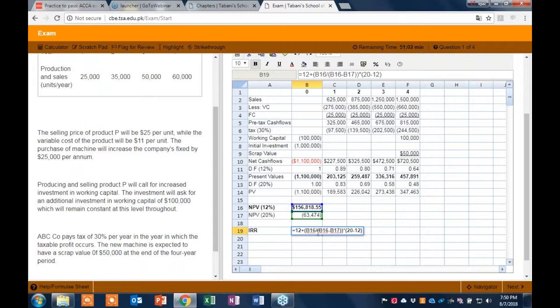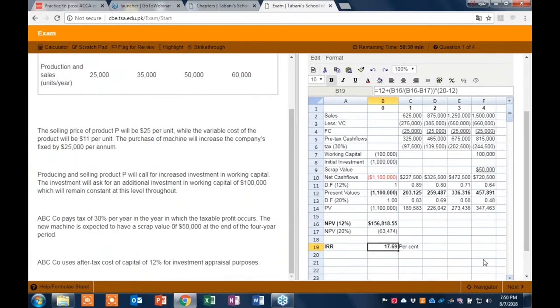Then we close the brackets and multiply the answer of the equation in the bracket with the difference of the rates. So this is IRR, 17.69%. So let's move towards the next question.